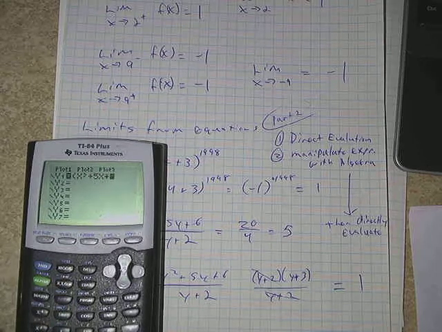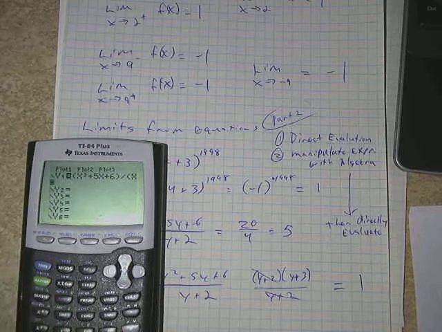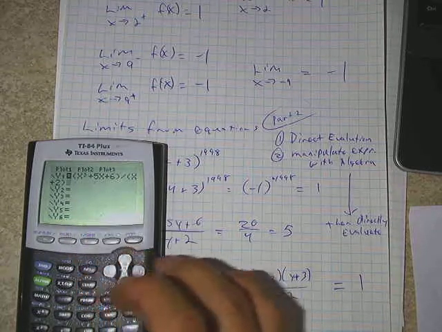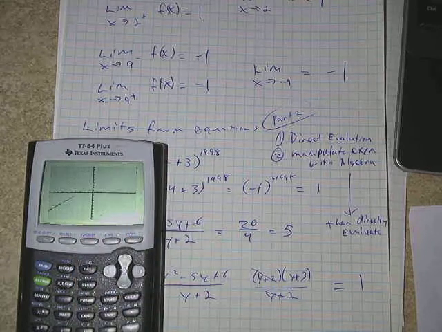So if we do our x squared plus 5x plus 6 over x plus 2, we put our function in, and I don't know what window I have here, so I'm going to go zoom 6.